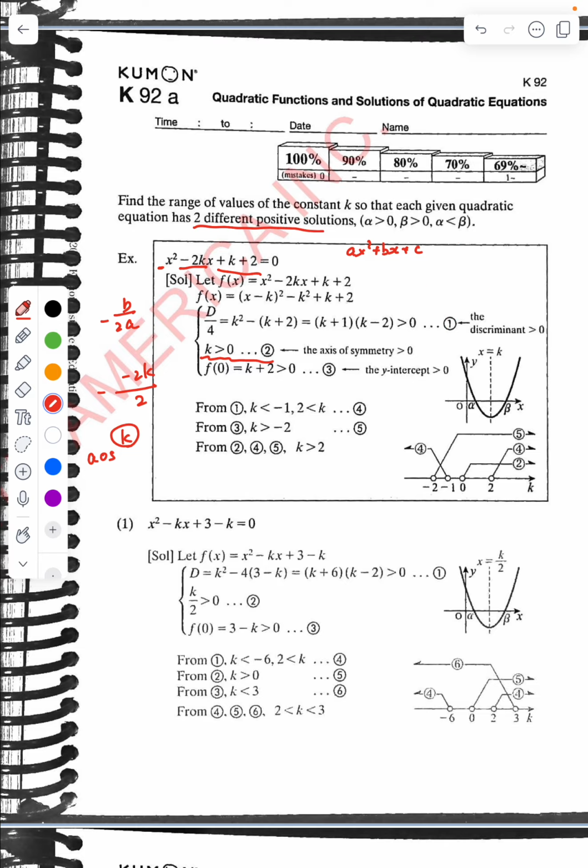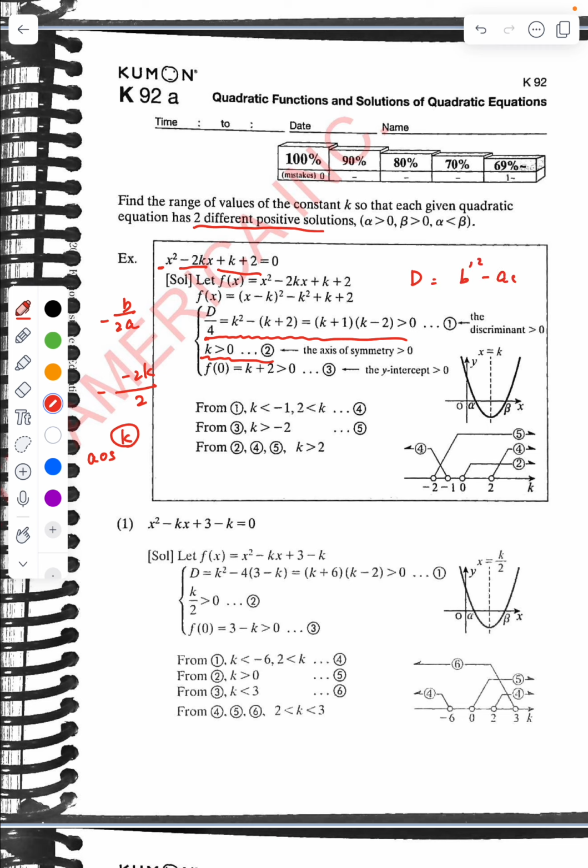Okay, so let's look at number 1 here. It says D over 4, which you should be very familiar with. Instead of using D as the discriminant, we're using the short version, D over 4. So k squared minus k plus 2. This is really b prime to the power of 2 minus ac.